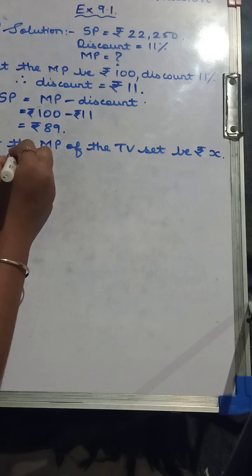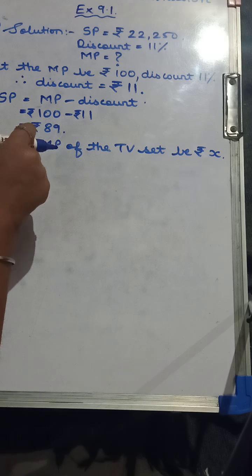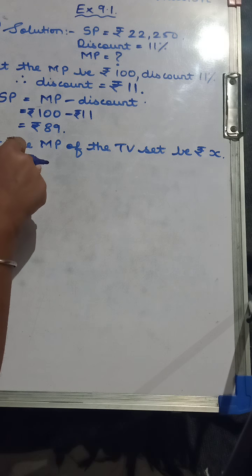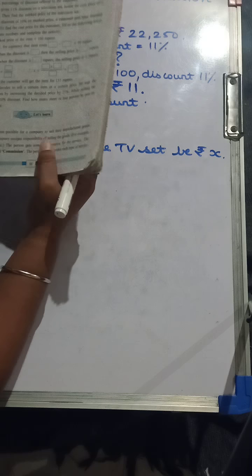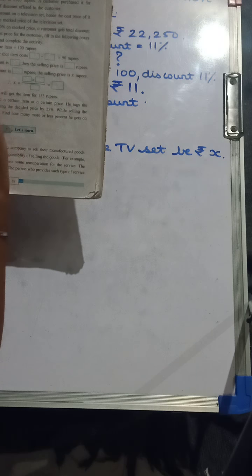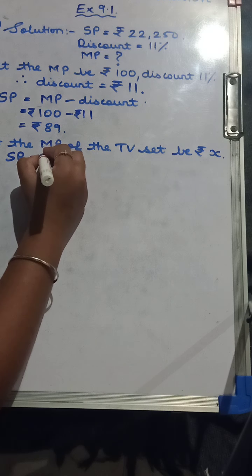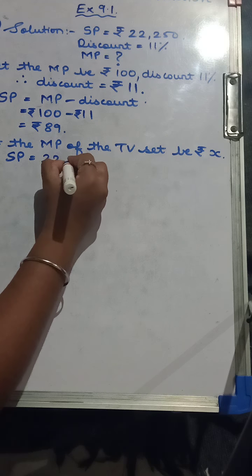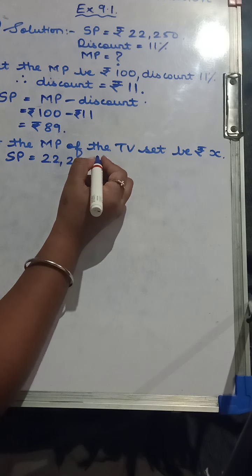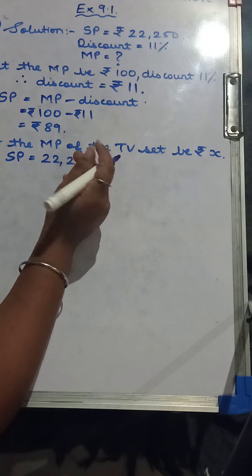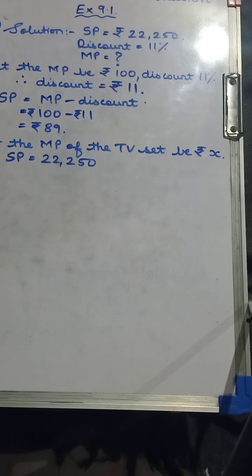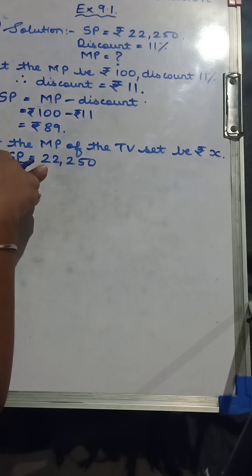Okay, and what is our selling price? That is the actual selling price that is being given to us in the question. That the selling price is 22,250. So our selling price is 22,250. So here we have assumed marked price, assumed selling price, actual marked price, and actual selling price.